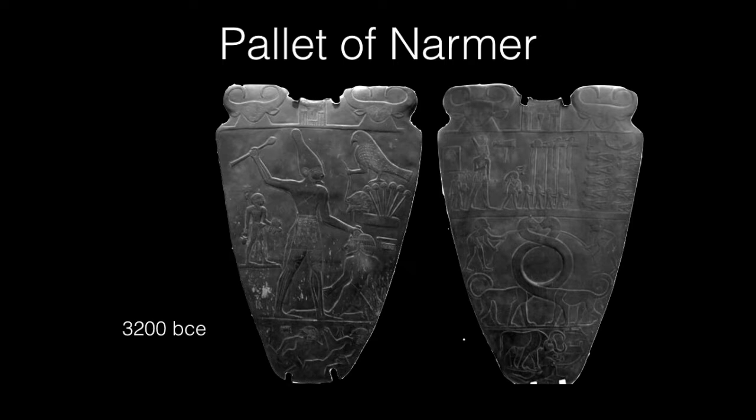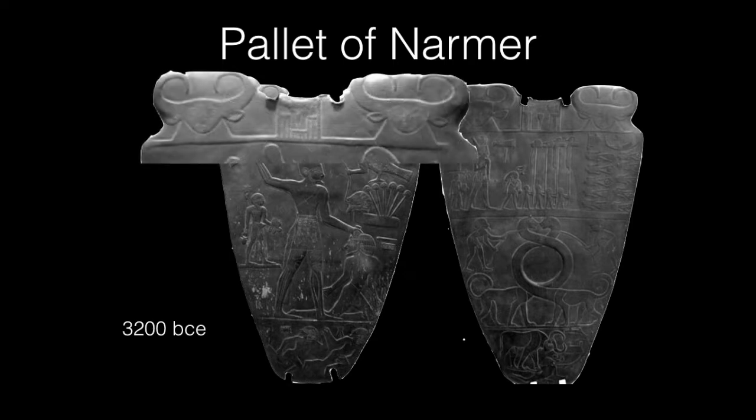Another interesting feature in the palette of Narmer is that the upper portion includes these human-faced bulls. There are the horned bulls of Hathor, the goddess of fertility, resting on the very top of the palette. So clearly this is an important symbol, a sign of royal privilege and prestige.